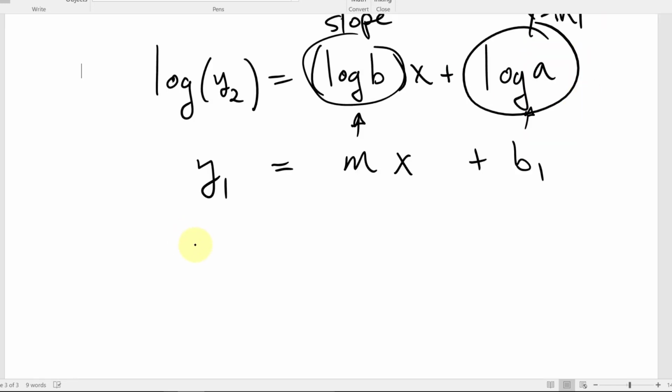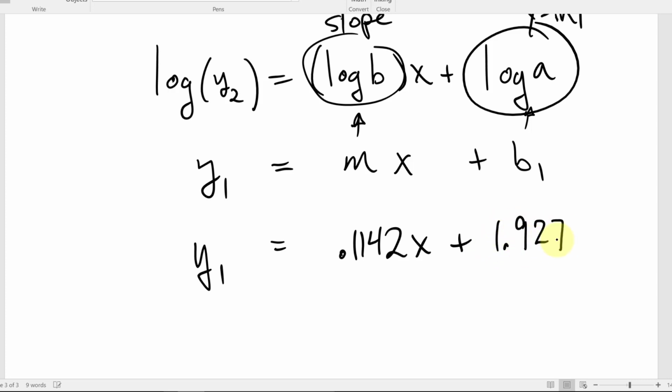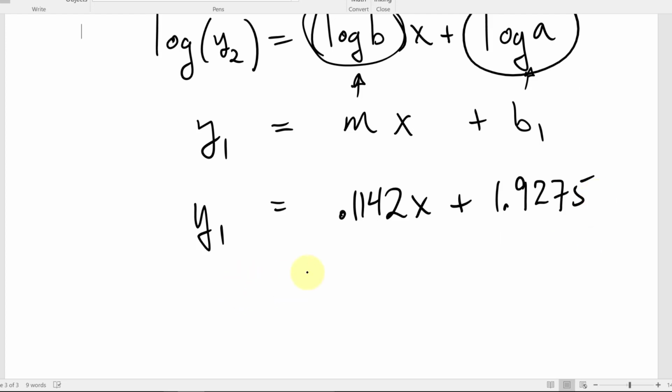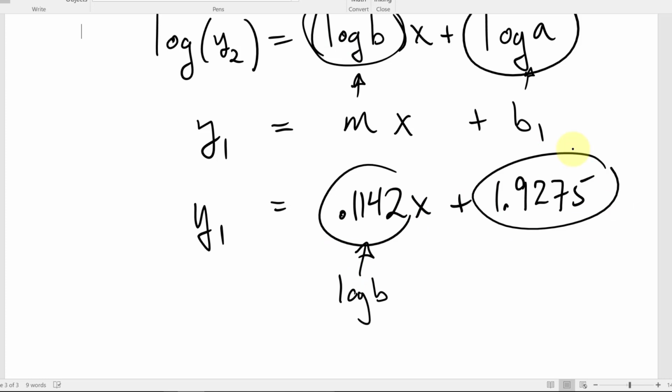And what did we have in the line of best fit? We had a slope of 0.1142. And the y-intercept, the b1 that we had in the line of best fit, was 1.9275. So what I'm going to do is say this is the log of b, and this is the log of a.